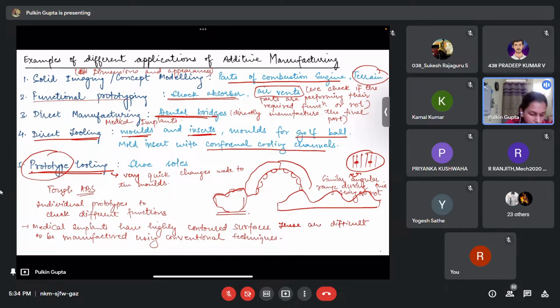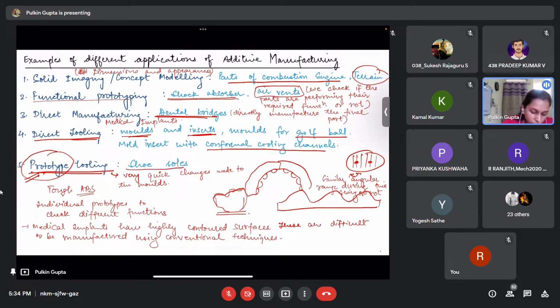So in such a case, we use prototype tooling. We make molds using materials that function as actual molds only, but they have lesser strength.